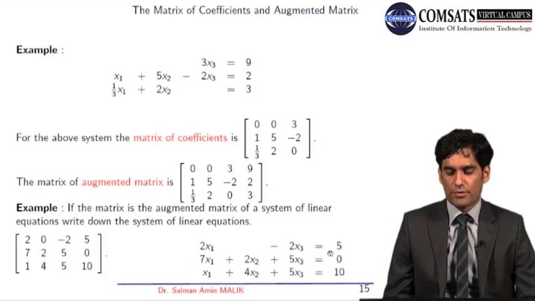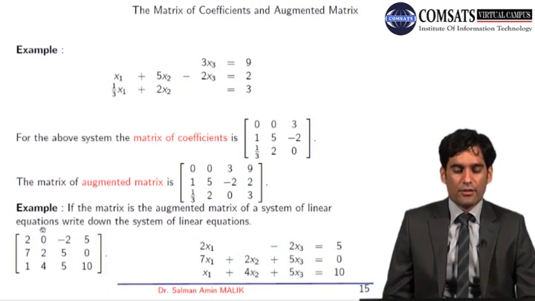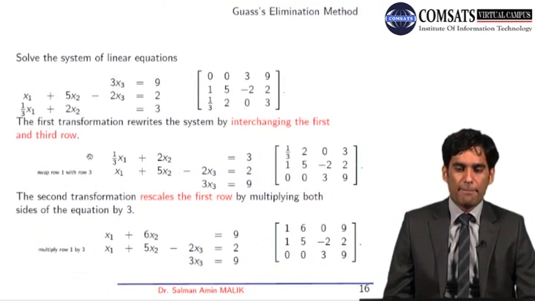So this is the first equation. 2x1, and because it is a 0 coefficient I didn't write it, minus 2x3 equals 5. Similarly, we can write the other 2 equations, and from the augmented matrix we can write down the system of linear equations. Now let's go to the next slide.